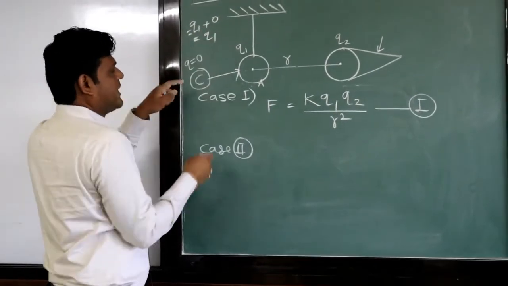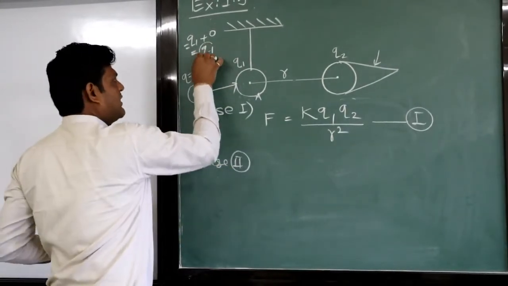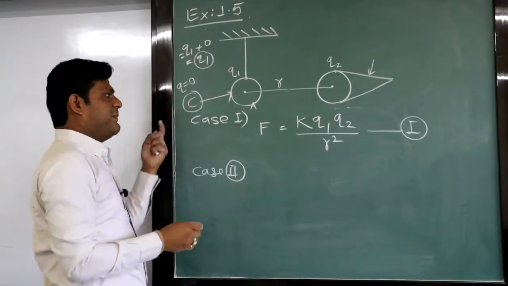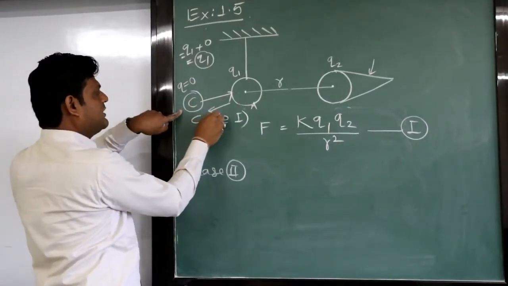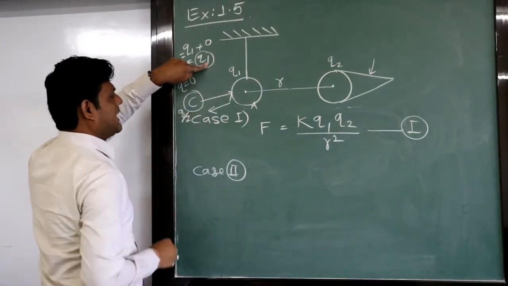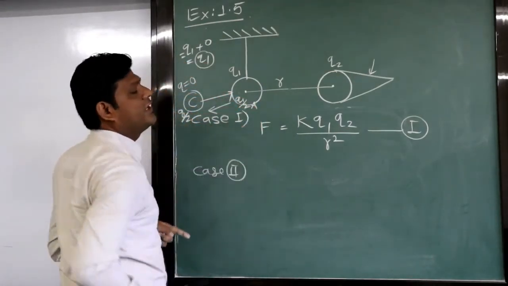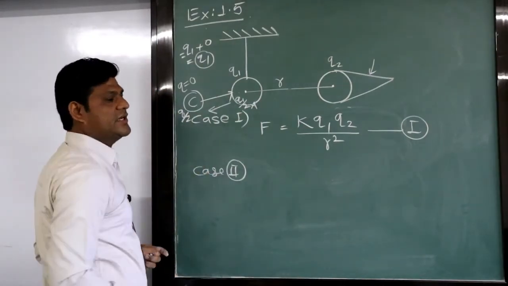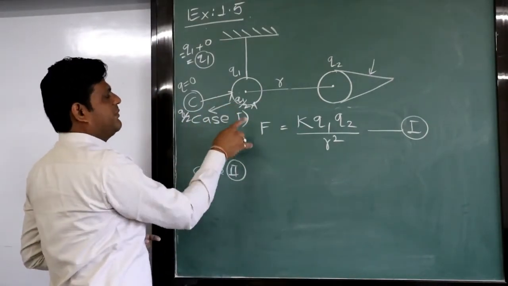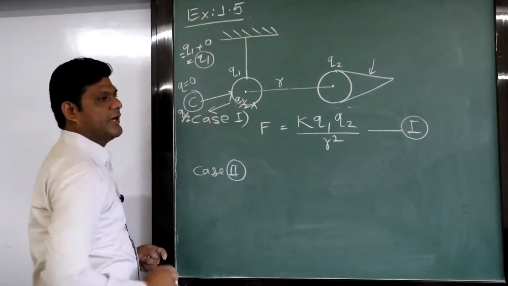That is Q1. After the separation, charge will divide. So what is the charge on C? It becomes Q1 by 2 is the charge on C. Again, Q1 by 2 is the charge on A after the separation. After the separation, the charge on both will be Q1 by 2 and Q1 by 2.